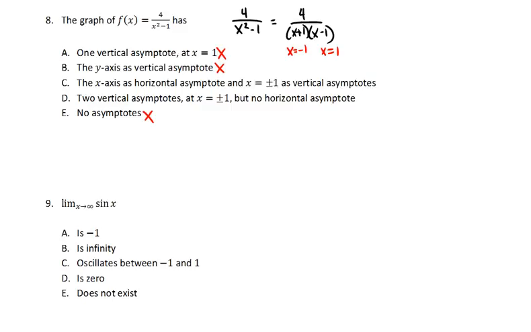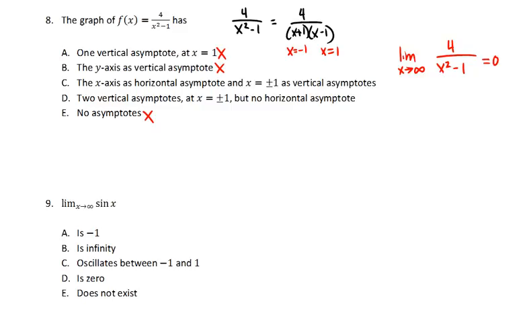A horizontal asymptote is just a limit at infinity. If you consider what happens when you put an infinitely large number in for x and then square it, that denominator is going to become huge, which means the horizontal asymptote is going to approach 0. What might confuse some people is that we look for the degree of the numerator and the degree of the denominator.